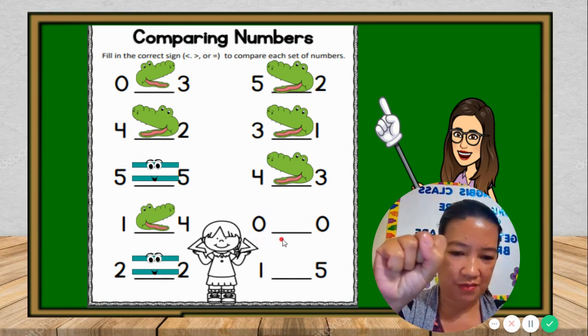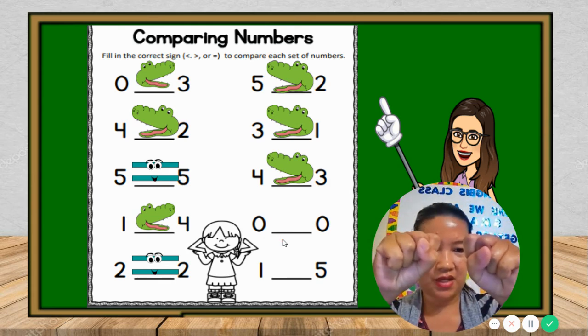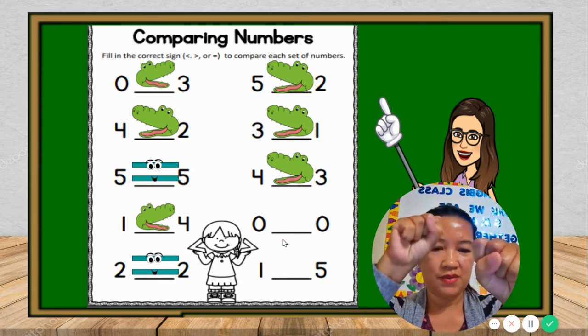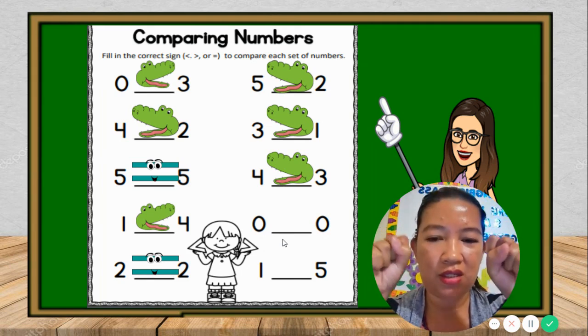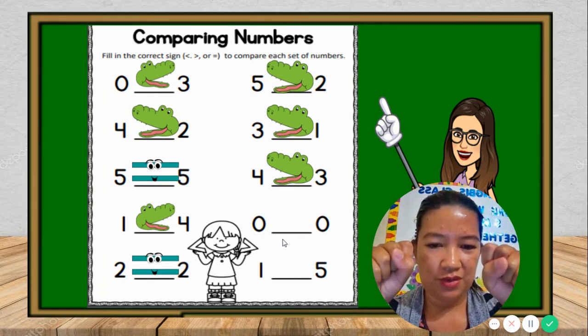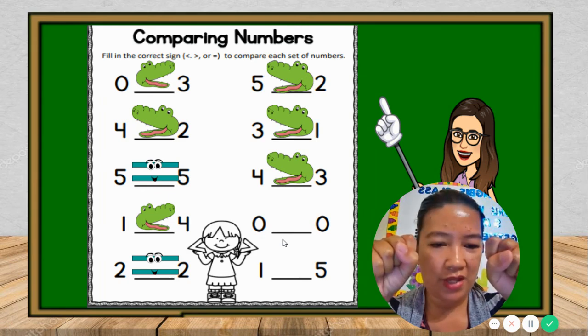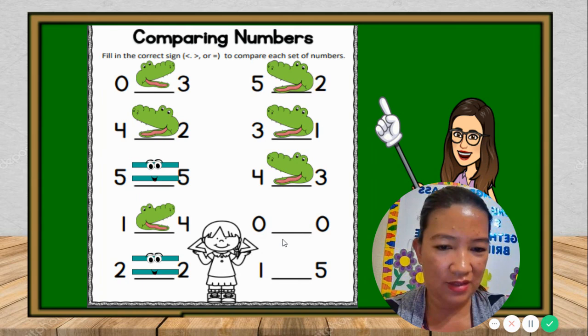Now, what about this one? I have here 0. Close your fists. And then 0 on the other side. Now, look at your hand. 0 and a 0. Which one will the alligator eat? Do you think he will eat any of those? No, because they are the same. So the alligator is confused again.